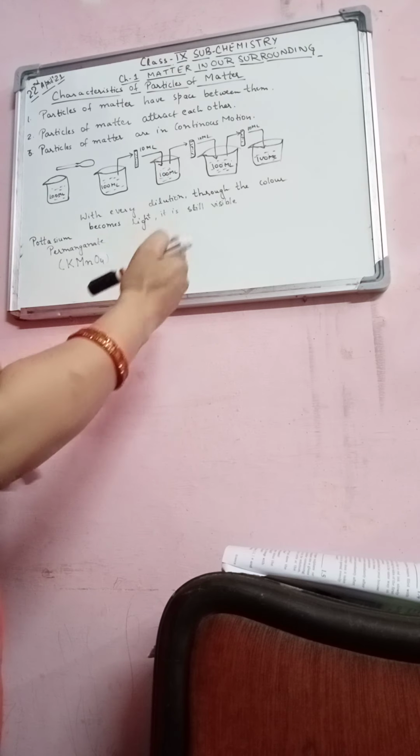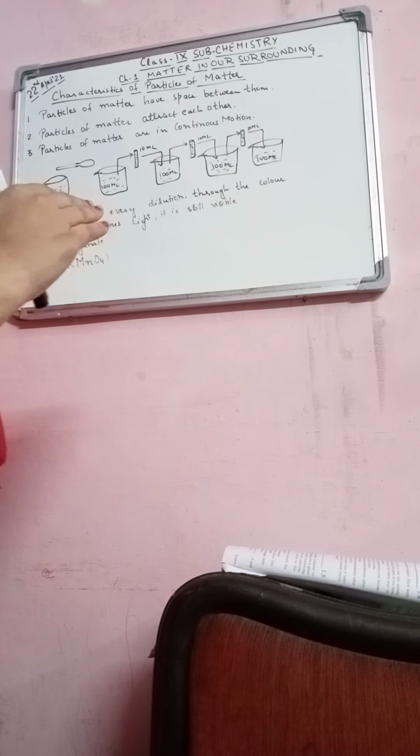With every dilution the color becomes lighter, though it is still visible. This experiment shows that just a few crystals of potassium permanganate can color a large volume of water, right?